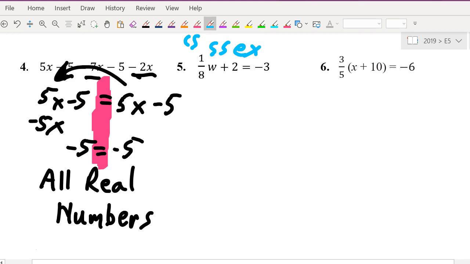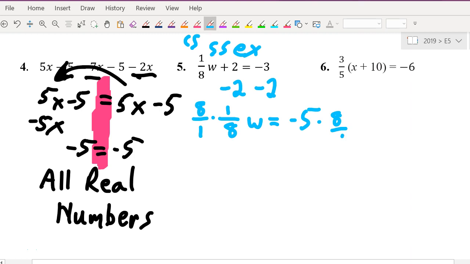By the way, you get the positive 2 turning to a negative 2. Right, so we need to subtract 2 on both sides. Good. So 1/8 W is equal to negative 5. Good. And then you get the 8 and times it on both sides. Right, so times 8 over 1 on both sides. And then that gets you negative 40. And then W is equal to negative 40.